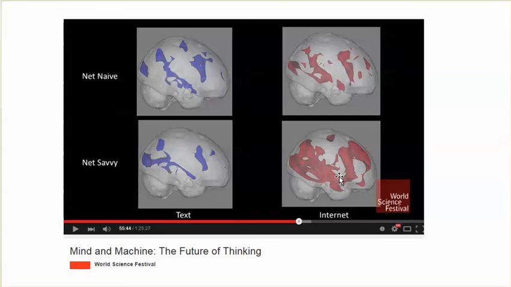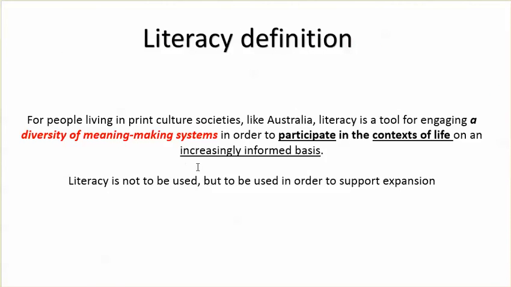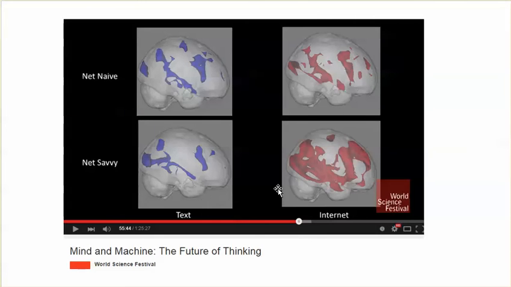And I'm inserting this picture here on purpose because what I will be teaching you is how to support this type of learning, right? I will show you ways in which you can facilitate this kind of brain activity in your students, because you can see that when a net-savvy person is looking at the web page, what they look at is exploratory opportunities.